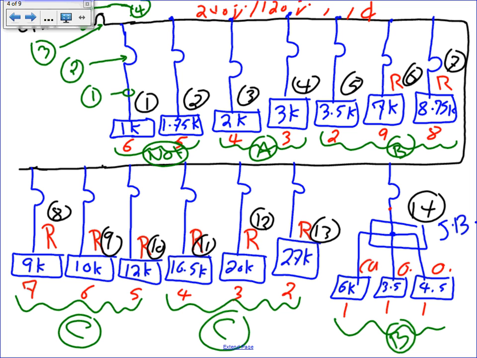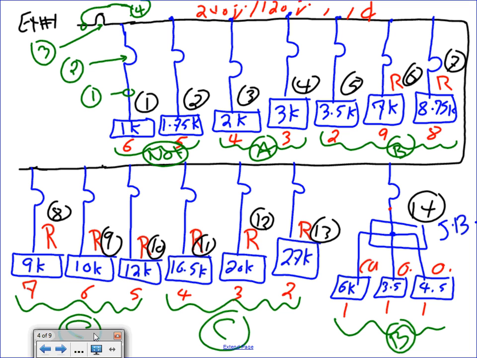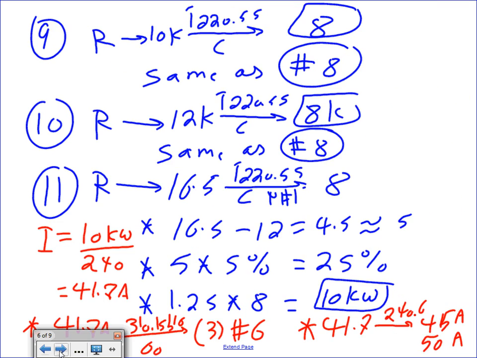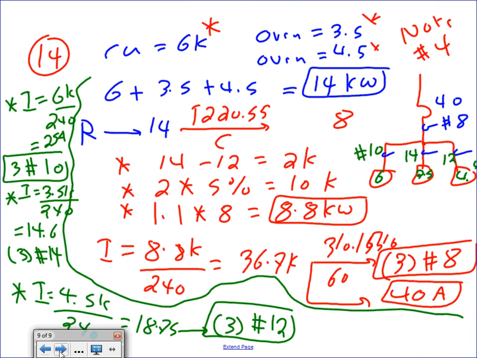I want to remind you that these red numbers will mean a lot. Any question, guys, before I move on to finding the feeders? Okay, let's keep going all the way to the feeder.